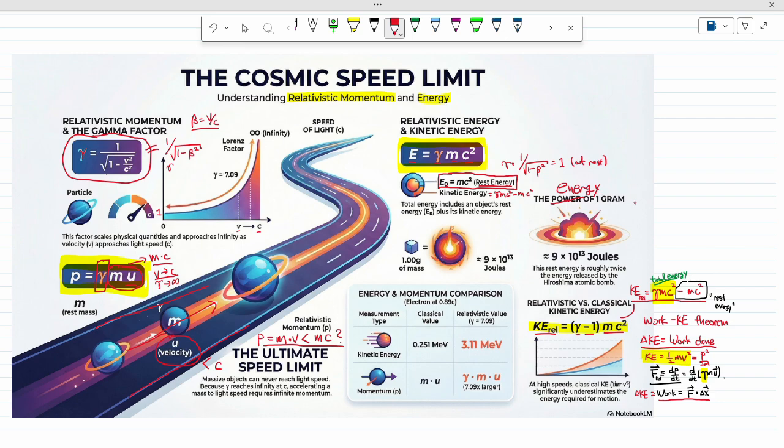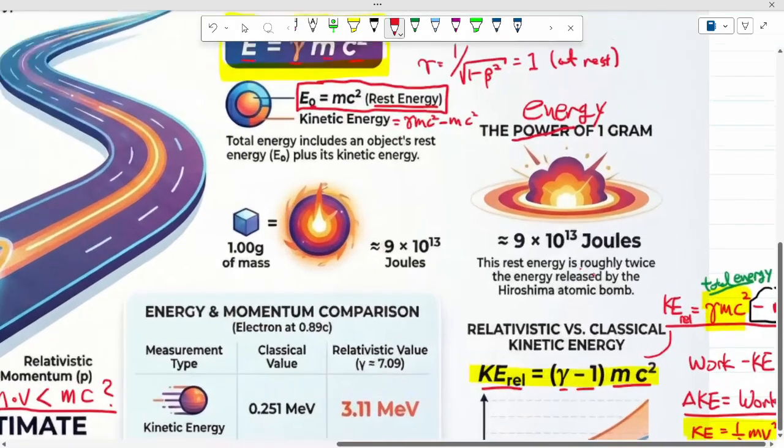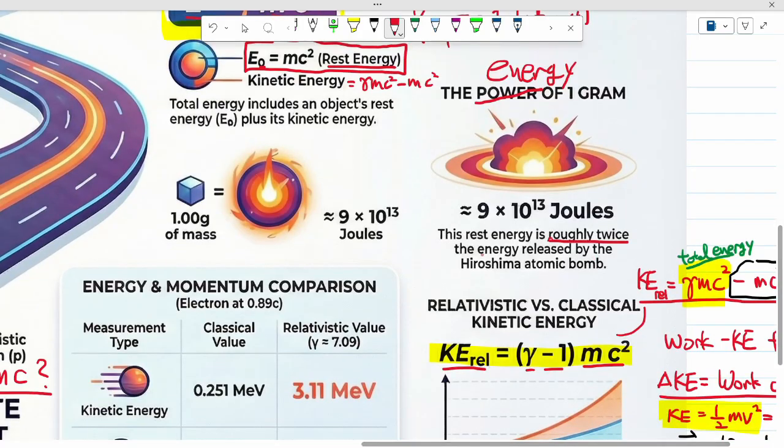The energy of 1 gram is 9 times 10 to the 13 joules. 10 to the 9 is giga, 10 to the 12 is tera, I think. So it's 90 terajoules. It's such a big amount of energy that we don't really think about that much. From 1 gram, it's roughly twice the energy released by the Hiroshima atomic bomb, which was about 20 kilotons of TNT.